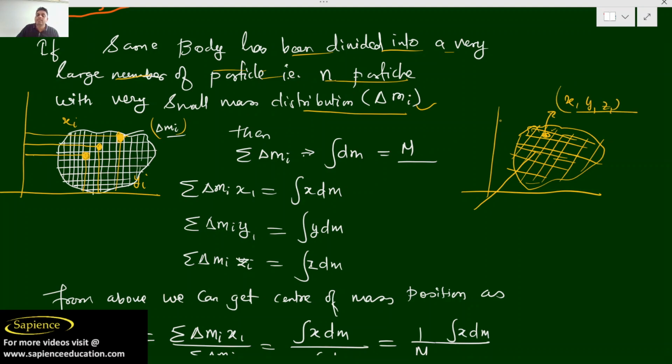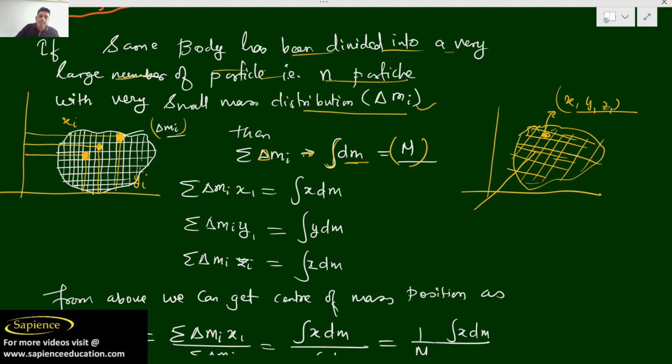So we can use three dimensions also. Here, if there are numerous particles, can we write that the summation of small mi is equal to the integration of dm? Because we are taking a very small mass, we can directly use the integration of dm. So while integrating small dm, we will get the total mass. Definitely.